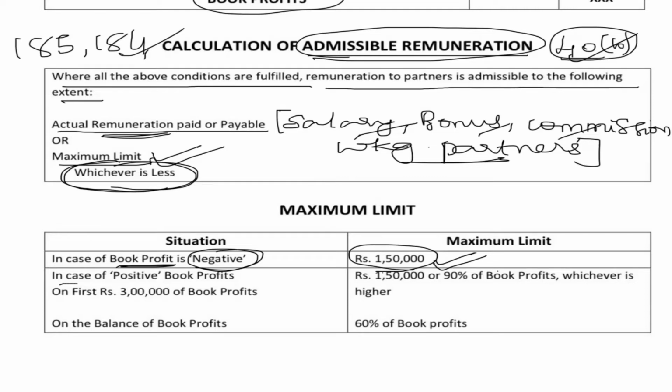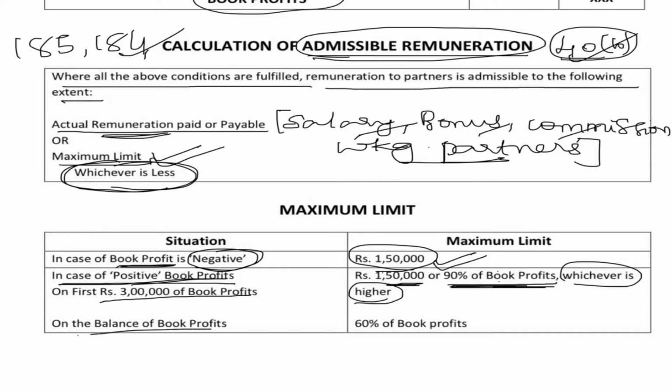In case it is positive, then on the first 3 lakh, it is 1,50,000 or 90% of book profit, whichever is higher. When you are calculating the maximum limit, you will compare the higher value between 1,50,000 and 90% of the book profit.